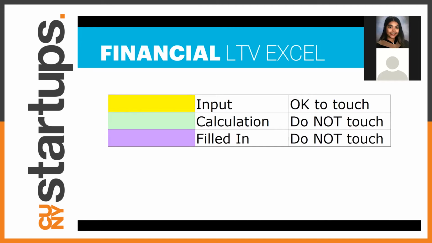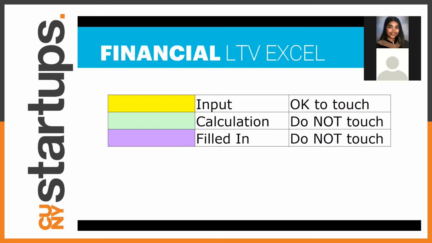So here's the color guide for the Excel sheet. Yellows, you can change anywhere. You shouldn't change greens and you shouldn't change purples. Essentially, the yellows are inputs, greens are calculations, and purples are when it's just displaying in one cell what was in another cell.